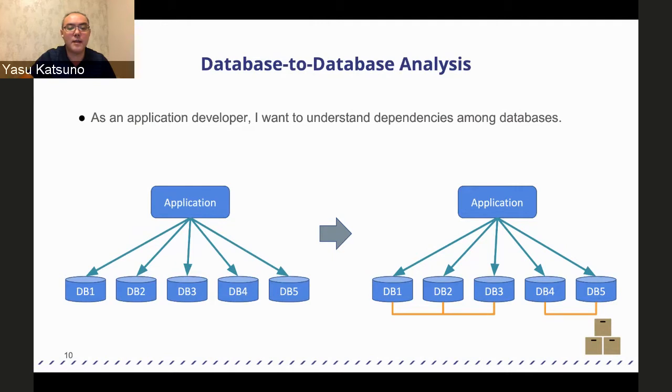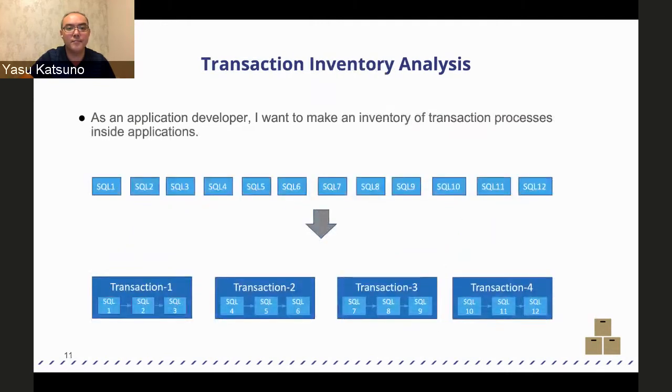Let's move to the second target resource, transaction. First is inventory. Let's assume 12 SQLs are found in the application code. Let's consider the SQL execution order is SQL number 1, 2, 3, 4, and so on up to 12.